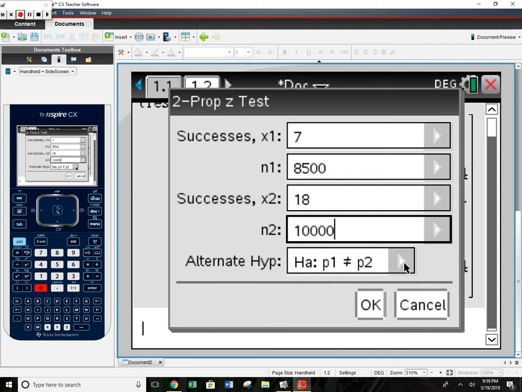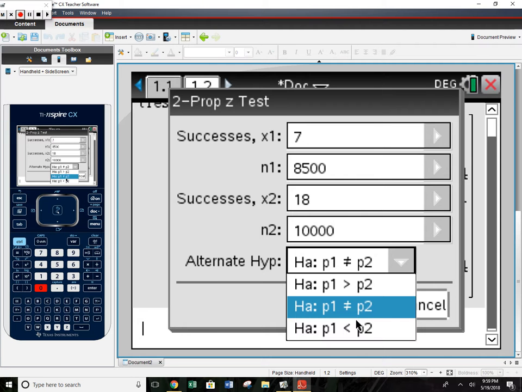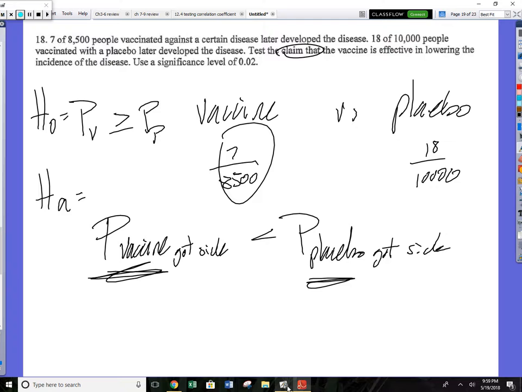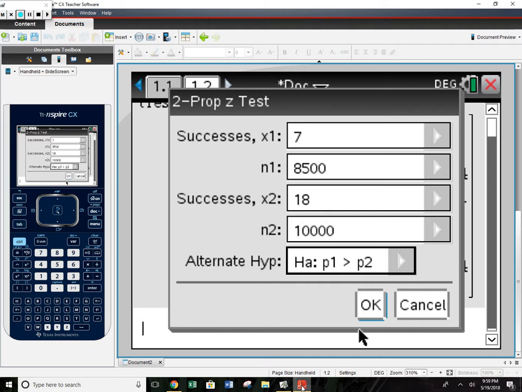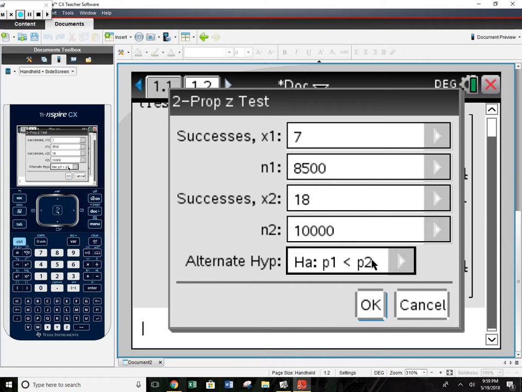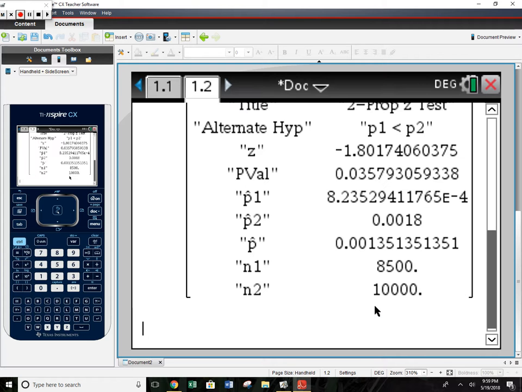And we think that the alternative is greater. No. What do we put for the Ha? Okay, so the first one is smaller than the second. So I gotta change that. First one is smaller than the second, hit OK.